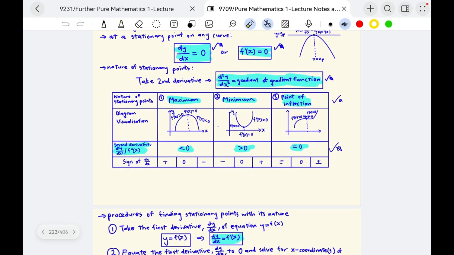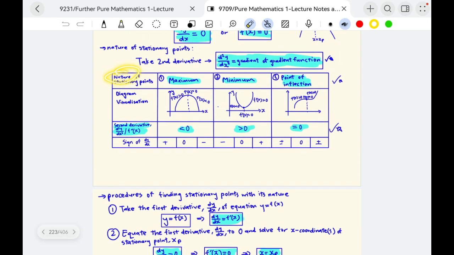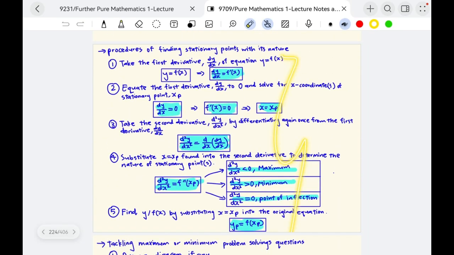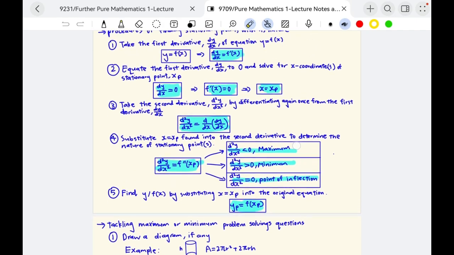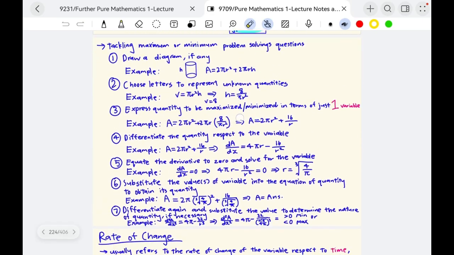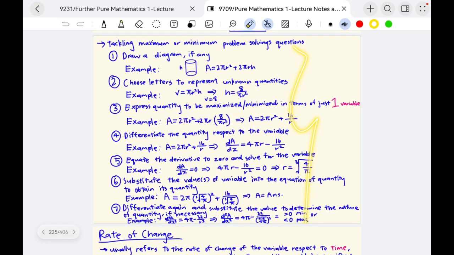And d2y/dx squared is to determine the nature of the stationary point you've obtained, or it is the gradient of the gradient function, to see whether it is increasing or decreasing, unless it is a point of inflection. There are also some procedures of finding stationary points that you should know, as well as the applications in problem solving.